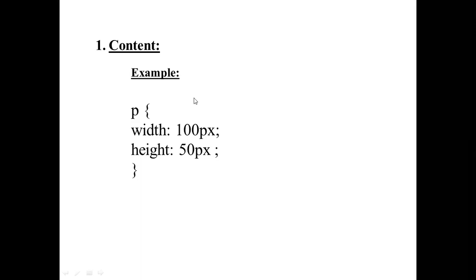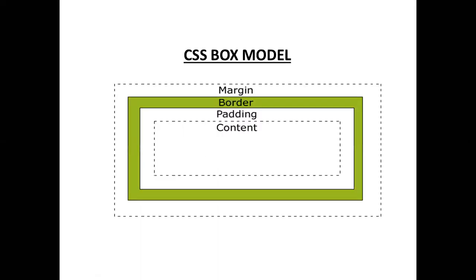The width and height properties define the width and height of an element. See here in this diagram, this one is the content. In the content you write the code for text and images.